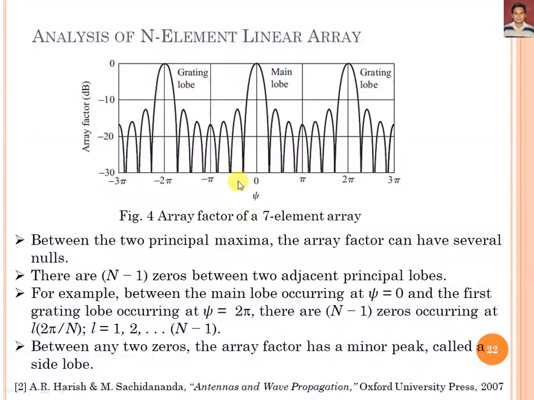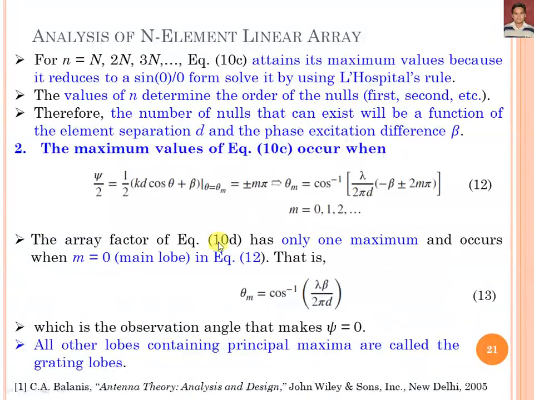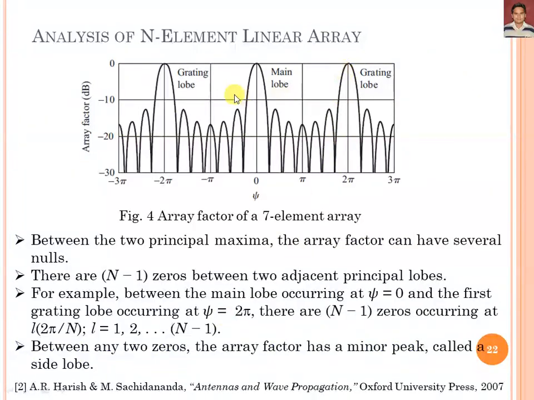For the variation of psi, pi, 2 pi, 3 pi, minus pi, minus 2 pi and minus 3 pi, with the value of the array factor along the y axis, we get the next maxima called the grating lobe. All the other lobes containing principal maxima are called the grating lobes. So these are the grating lobes.